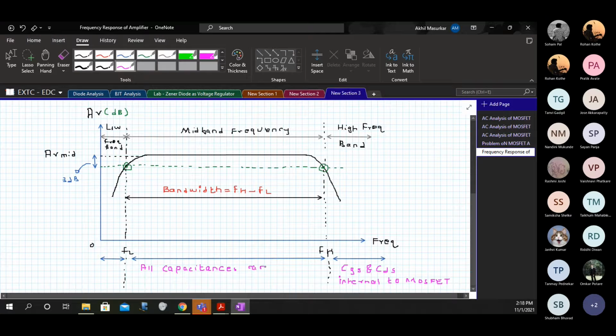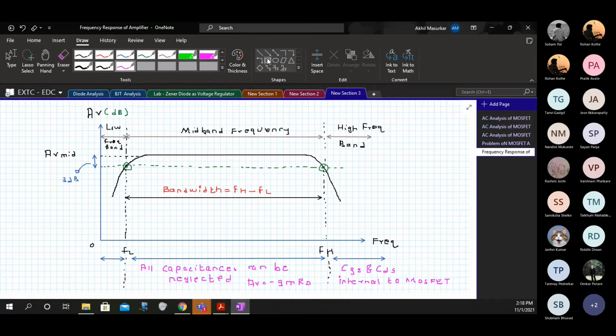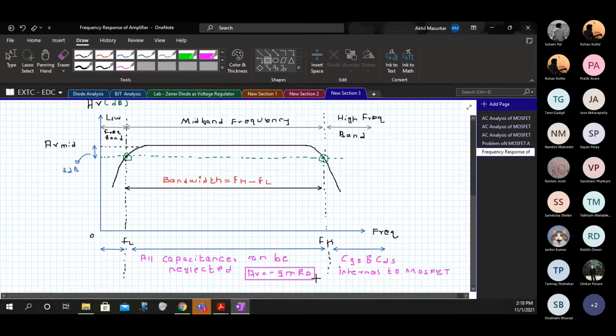That is, AV is minus GM times RD. That is what we do in our AC analysis. We just short circuit all the capacitances, and we get the value of gain. That is the gain that we get in the mid band range.